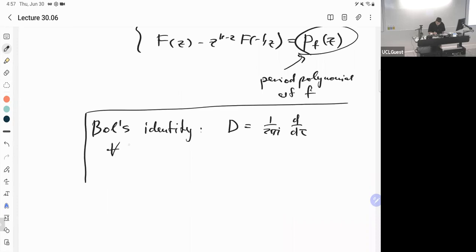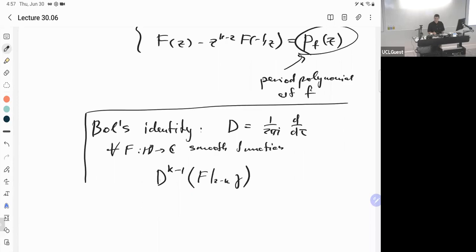For any smooth function f, if you take the action with respect to SL2(Z) in weight 2 minus k, and then differentiate k minus 1 times, that's the same as differentiating k minus 1 times first and then acting in weight k.